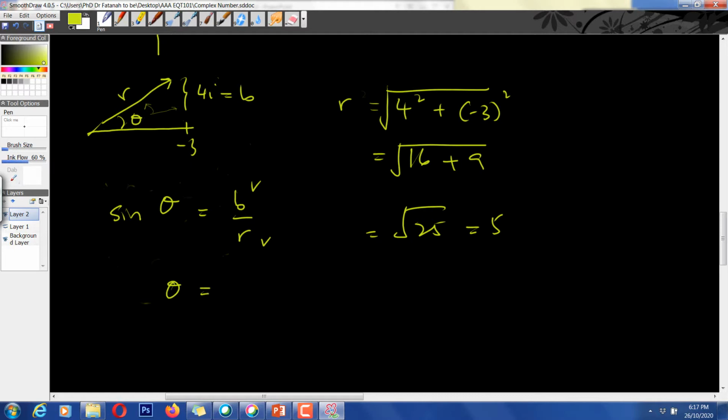Theta equals arcsin of 4 over 5. What we get is 58.1301. 53 or 58 here? 53.